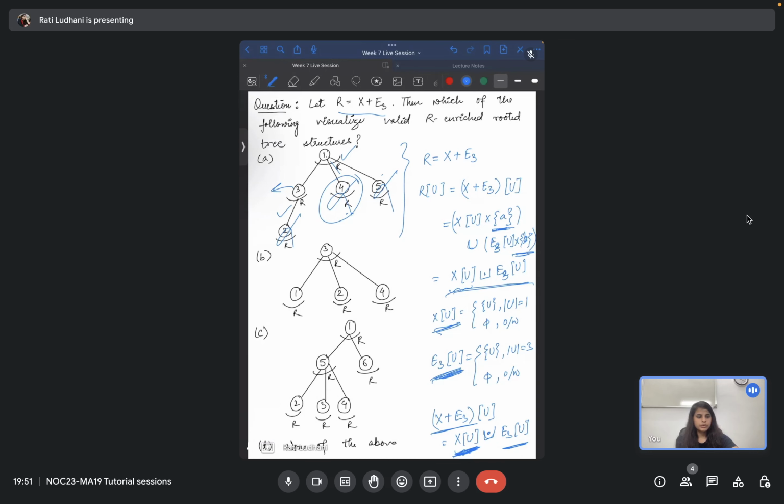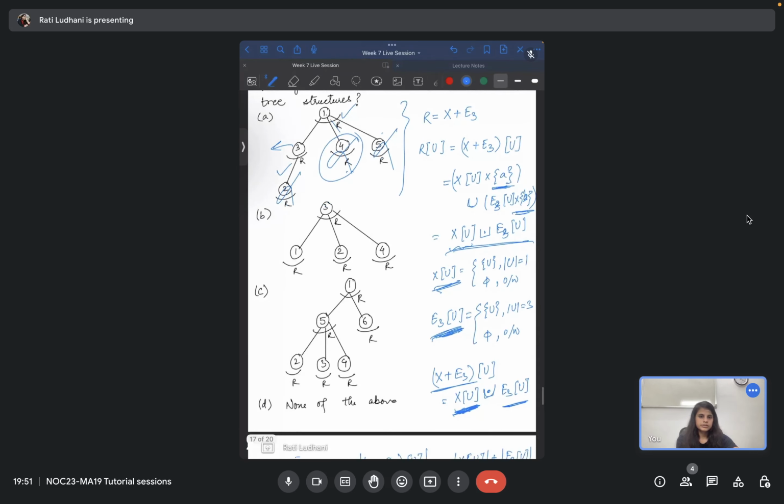So now can you tell me about B and C? Similarly, as I said in the definition itself, 5 should have a structure, because these are rooted trees. You will not get any cycle.